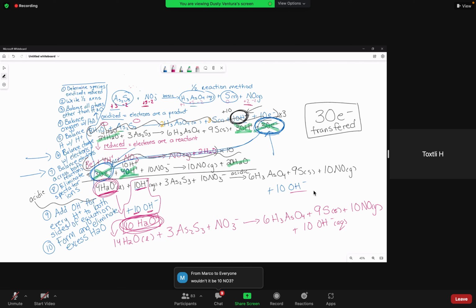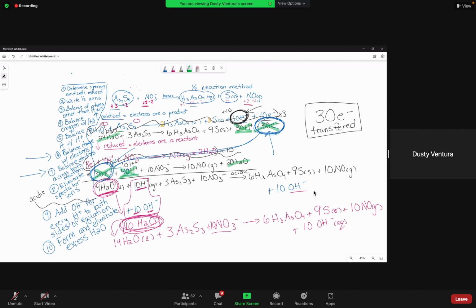I had a question. Yes? Why did you add 10 H plus in the first equation when you had 8 hydrogens on the left side and only 2 on the right side? Let's see. Okay, in the first... On the left, I have 16 hydrogen.